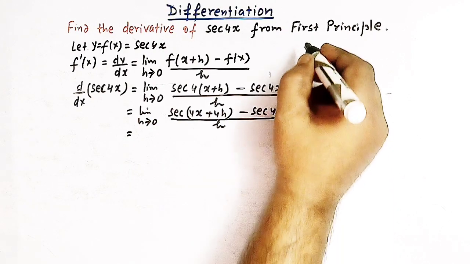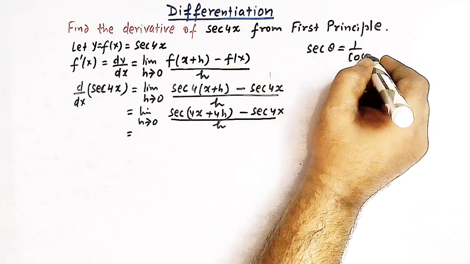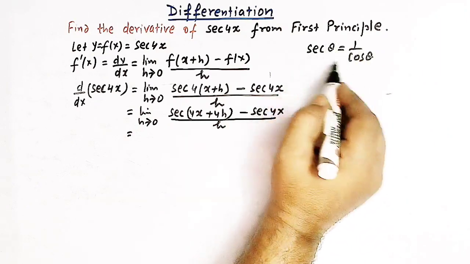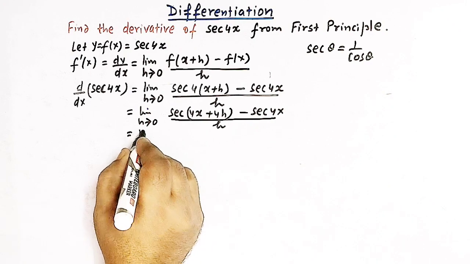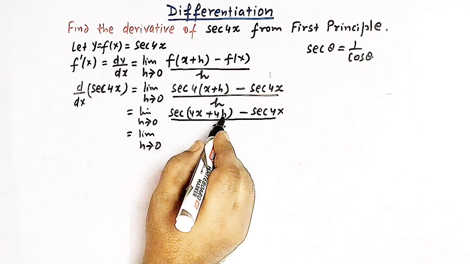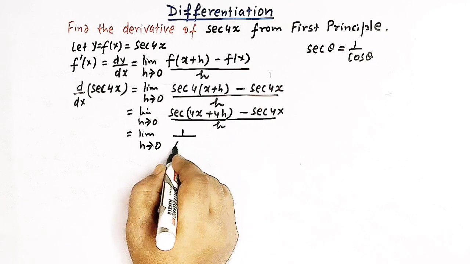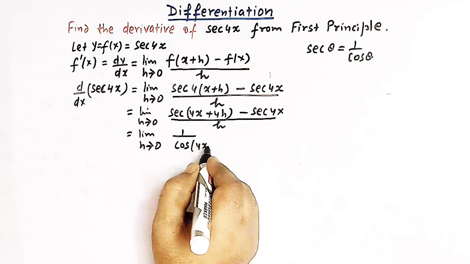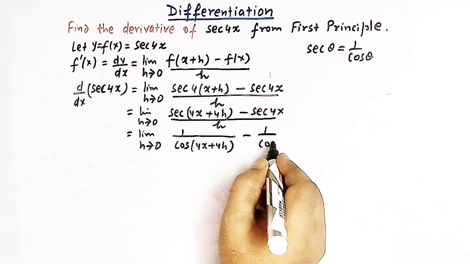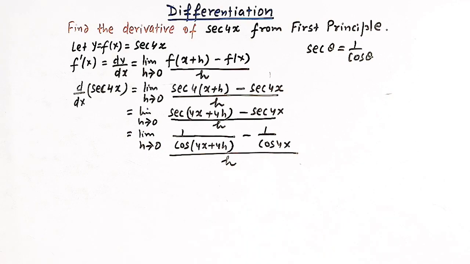Now from trigonometry we know that secant theta is equal to 1 over cosine theta. So using this reciprocal relation, we can now write limit h tends to 0, and secant of 4x plus 4h can be written in terms of the cosine function as 1 over cosine of 4x plus 4h, and then minus 1 over cosine of 4x, divided by h, right?